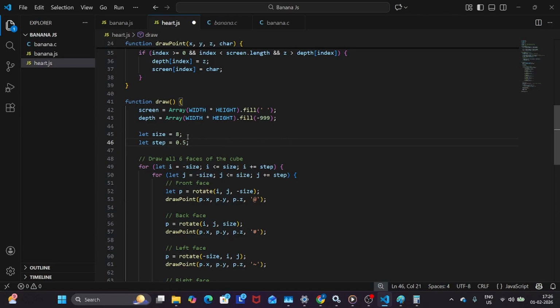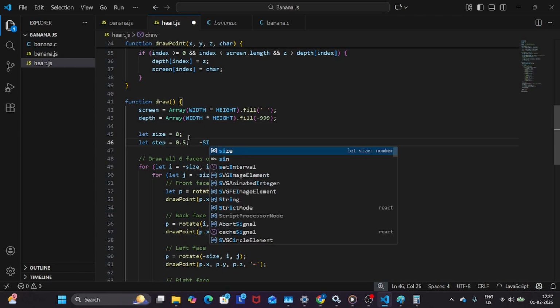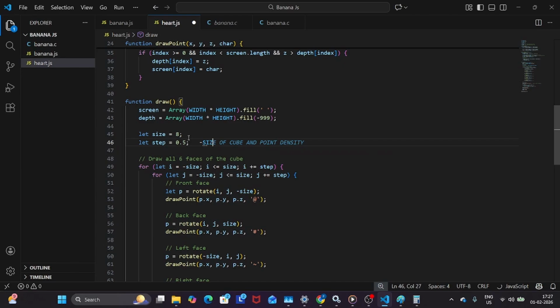Now what are size and step? Size is half the length of the cube along each axis. The cube goes from minus size to plus size. Remember this. What does this mean?